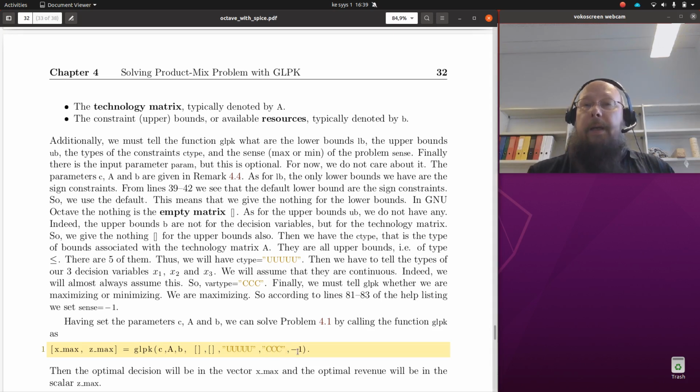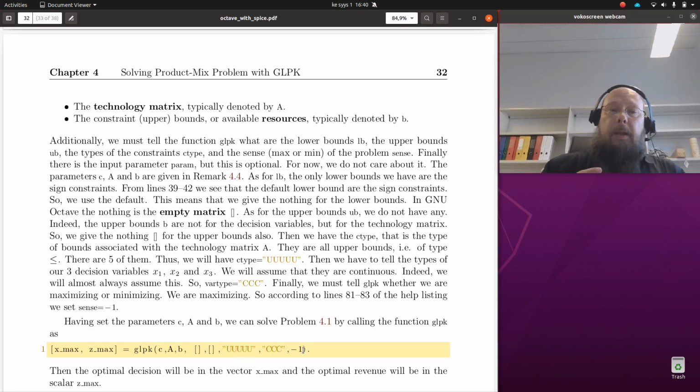And finally I have to give the sense as a maximization, so this is a -1 instead of +1, which could have been omitted since for minimization +1 is the default, maximization is not, so we have to give this argument. And then there was finally this additional input parameter param, which is for tuning purposes, and at this point we don't care about it.